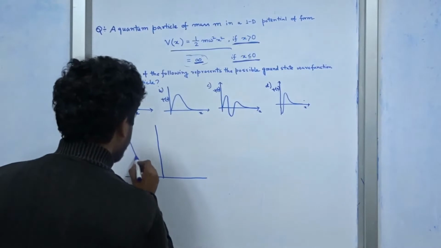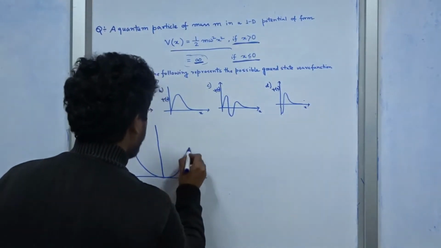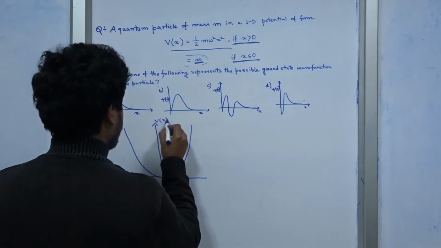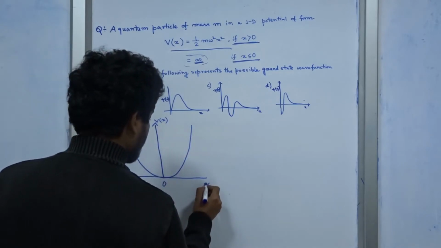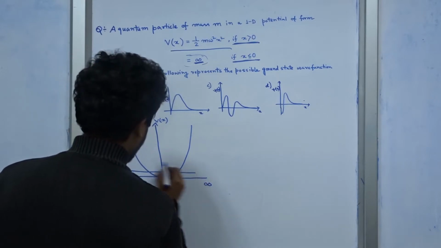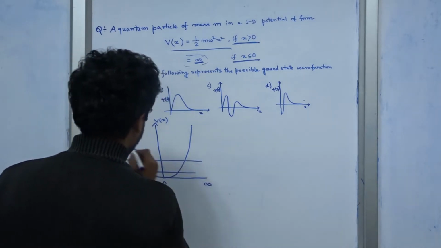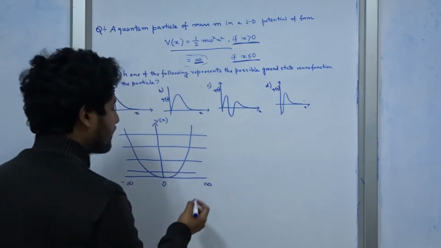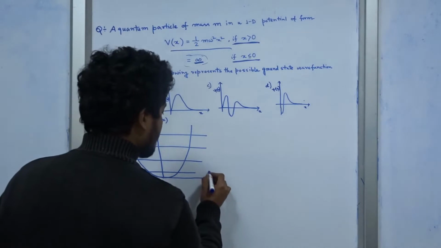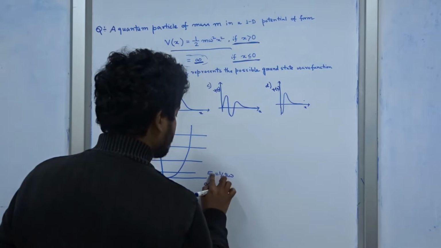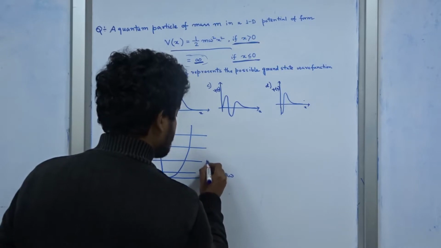This is what the usual harmonic potential looks like. And these are the different energy eigenstates, and the energy eigenvalues are E0, and so on.